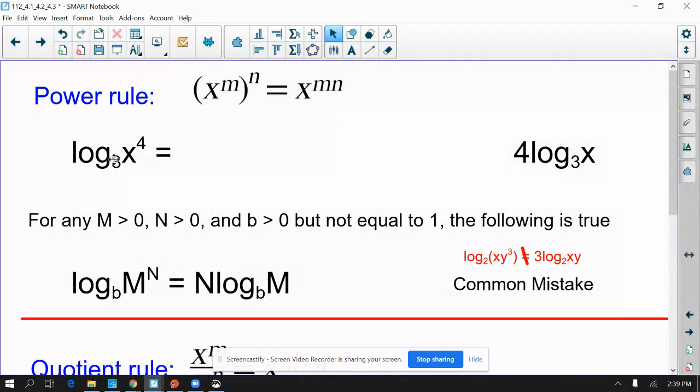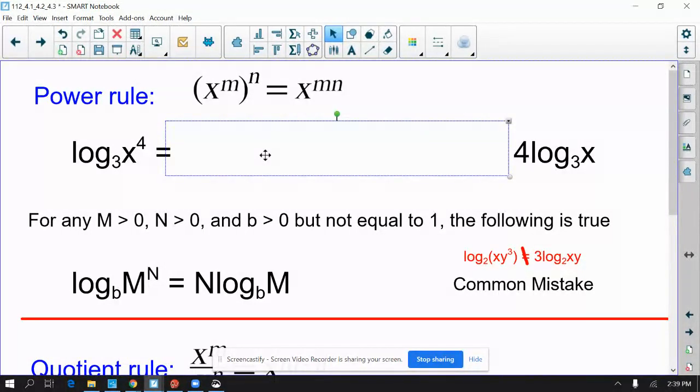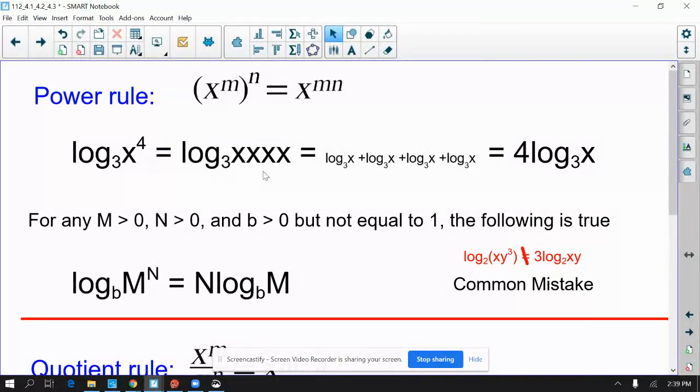Similarly with logs. So here I've got a log base 3 of x to the fourth. That's the same thing as log base 3 of x times x times x times x, right? But that's the same thing as log base 3 of x plus log base 3 of x, plus etc. So I'm referring to that last slide that we just talked about.